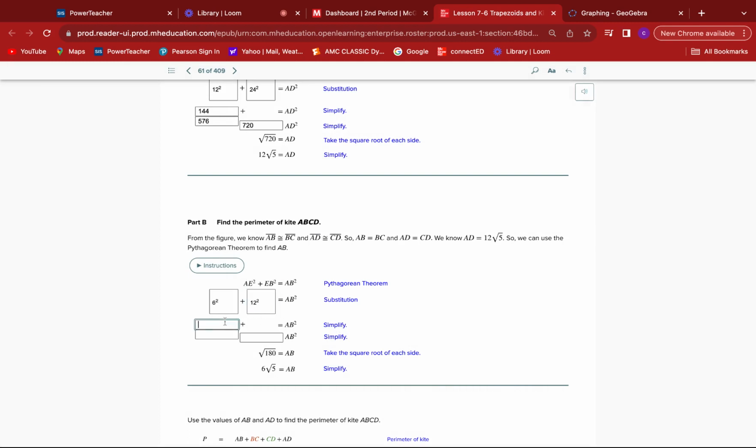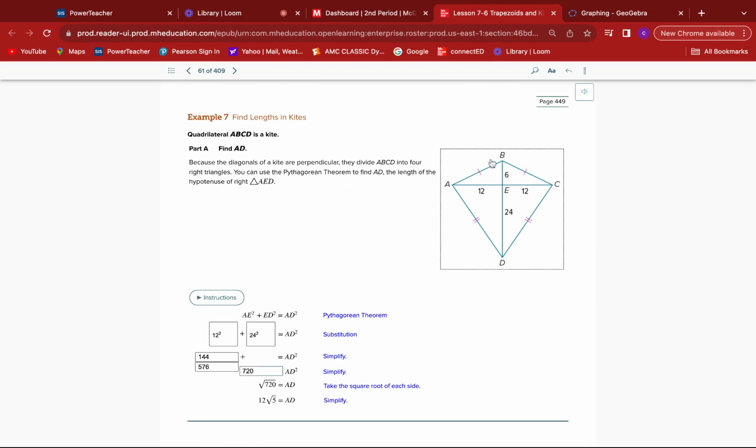All right, 6 squared is 36. 12 squared is 144. Add those together, you get 180. And the square root of 180 is 6 square root of 5. Now, don't forget, that is both AB and CB because they are equal.